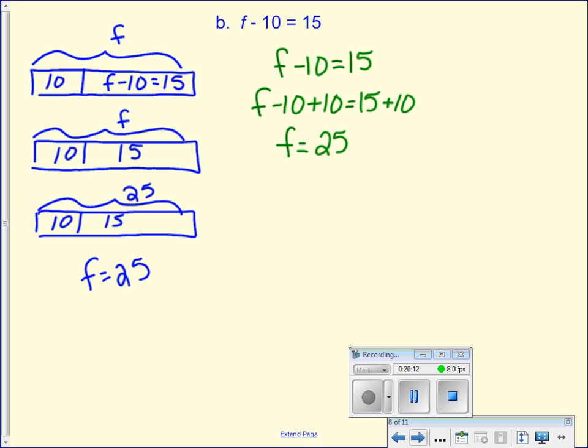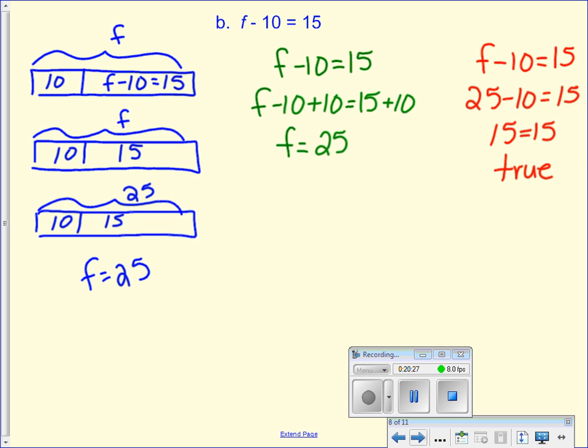So now to check it, I write my original equation. I replace F with 25. I do the operations or the math on both sides. And good thing it checks, that's true, so that I know I did everything correctly.